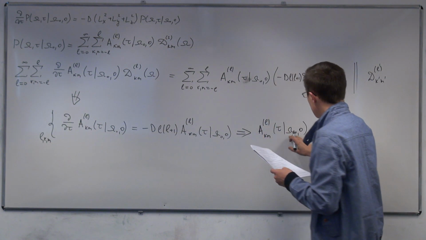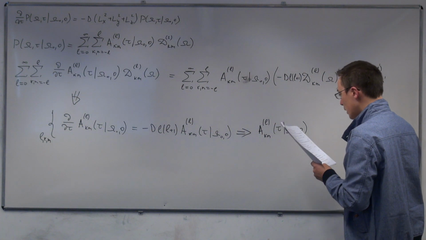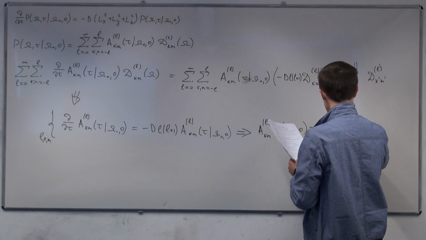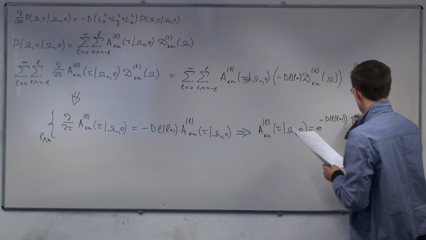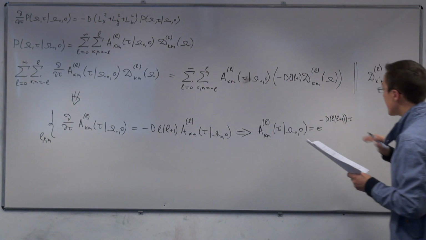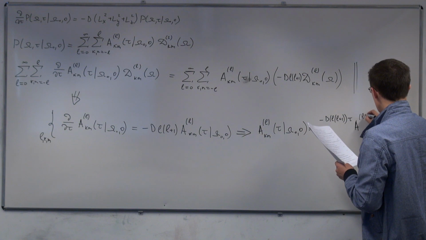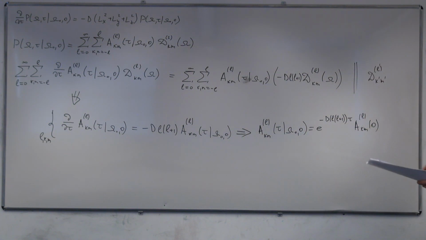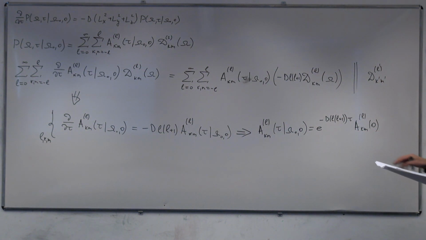I'm just dragging this initial condition, we'll make use of it shortly. Is e to the minus D L(L+1) tau, so a decaying exponential, times A_{Lkm}(0), some initial condition. So the time part of our equation turns out to be a family of decaying exponentials.